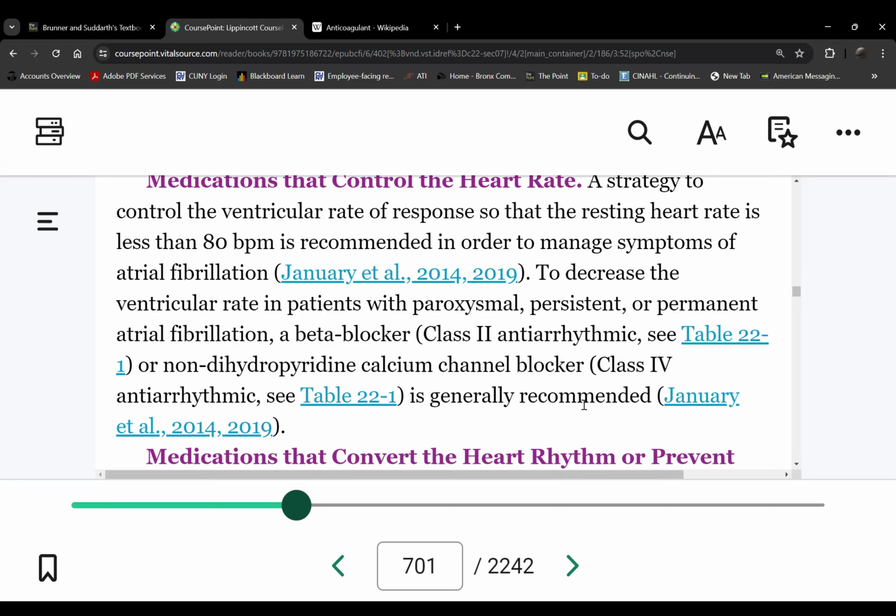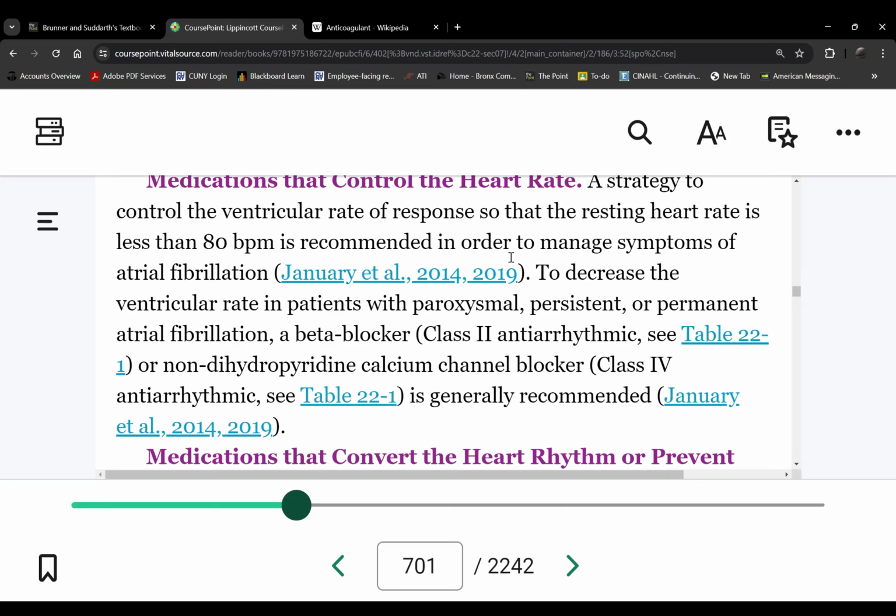A beta blocker will drop the blood pressure significantly. So if the blood pressure's on the soft side, too low, you can't give the beta blocker, but you need the heart rate low, then the other option is a calcium channel blocker. The safer choice would be the calcium channel blocker if the patient's blood pressure is too low, as a result of that really high rhythm.